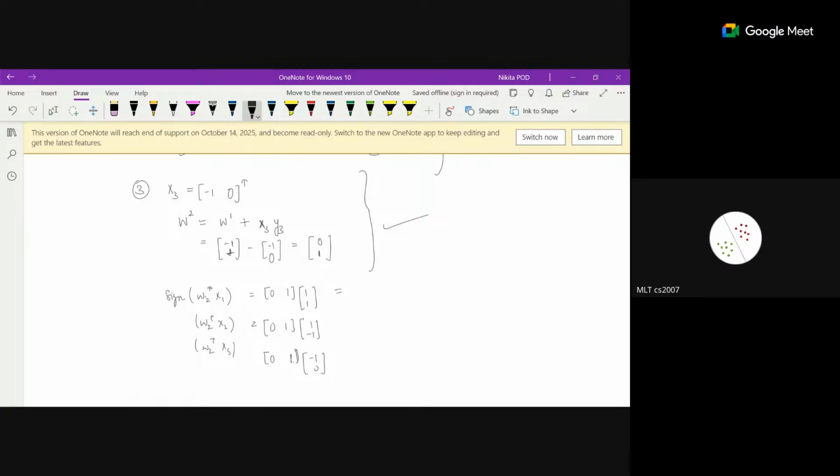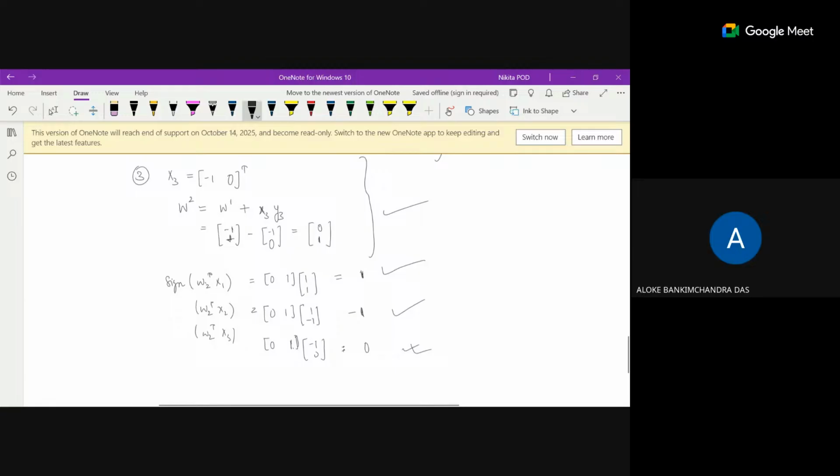So this is again correct. This is 0, minus 1, so this is minus 1, and this is 0, 0. So again, it is making a mistake in x3 only. Earlier it also made a mistake in 3, and now it is also making a mistake in 3.